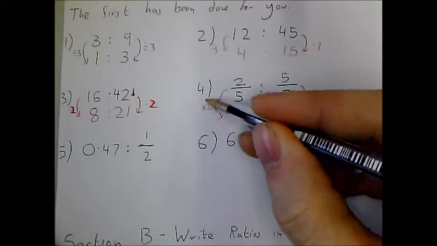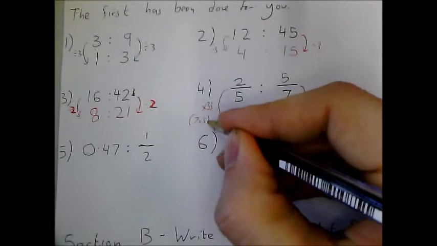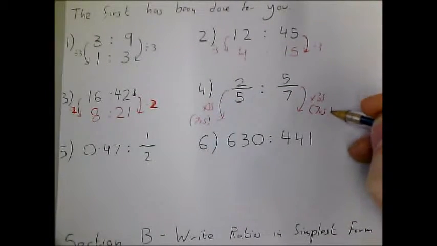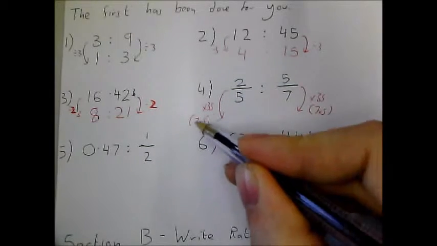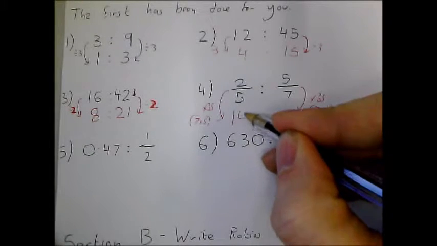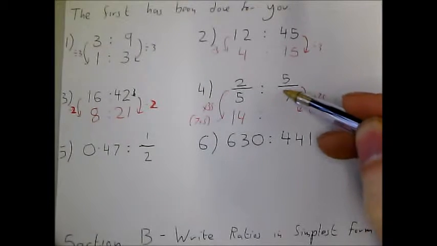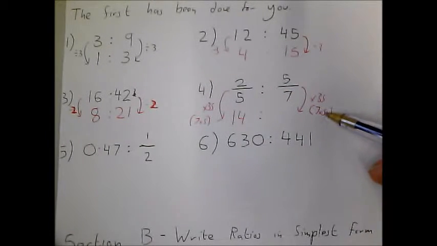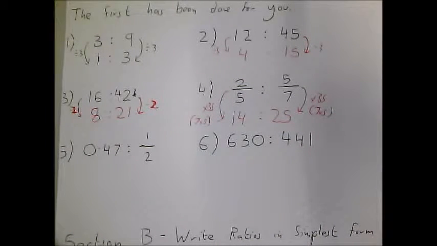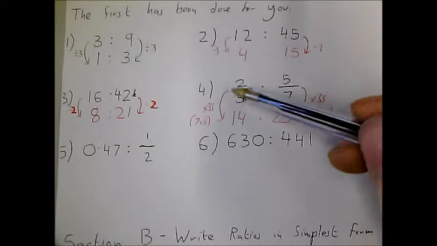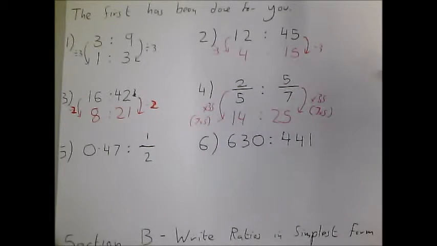The 5 within this 35 is going to cancel out that 5, so all I'll be left with is multiplying the top by 7. So 7 times 2 is 14. And in here, this 7 is going to cancel this 7, so all I'm going to be left with is to multiply by 5. So 5 times 5, 25. If it doesn't make too much sense, you can just multiply 2 over 5 by 35 and 5 over 7 by 35, and then that will cancel to those numbers.